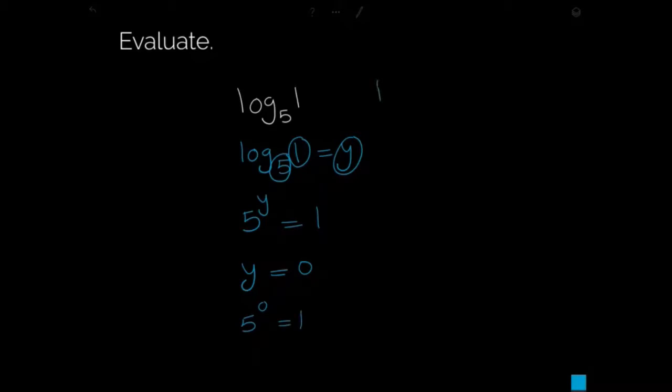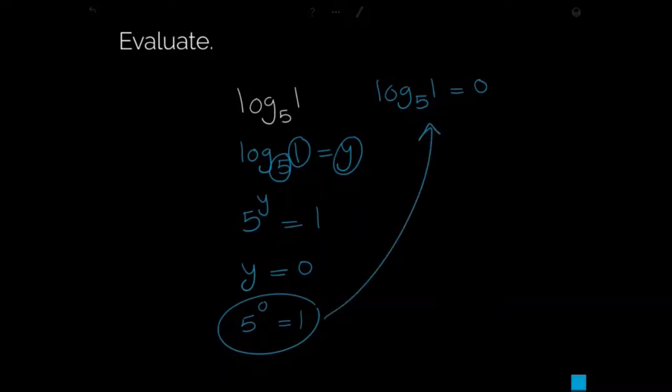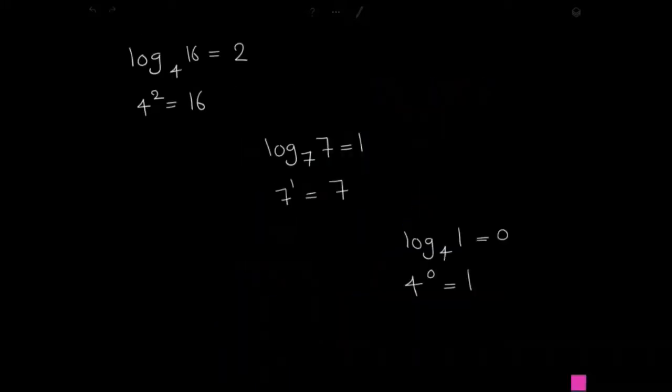Therefore, log base 5 of 1 equals 0, because 5 to the 0 power equals 1. We conclude that a logarithm is an exponent. In other words, the answer to a logarithmic function is the exponent in the exponential function.